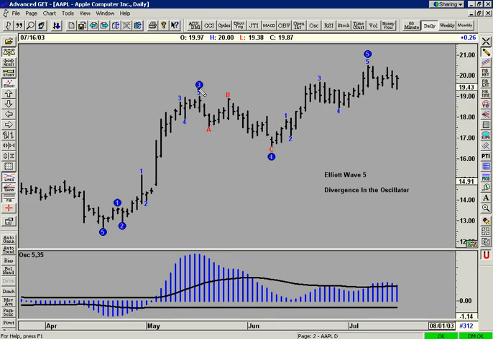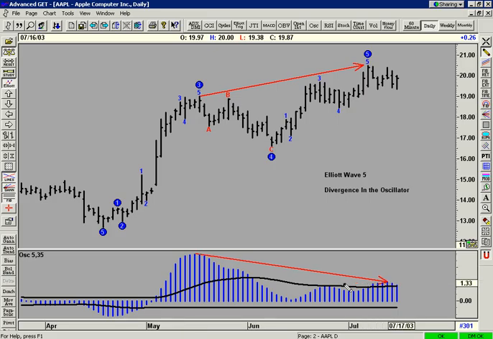You can see during this Wave 3 that we had in late April and early May, we created a very large upward movement in our Elliott oscillator. And during Wave 5, we're making new highs in price, but we're doing it with less strength, as shown by the oscillator.